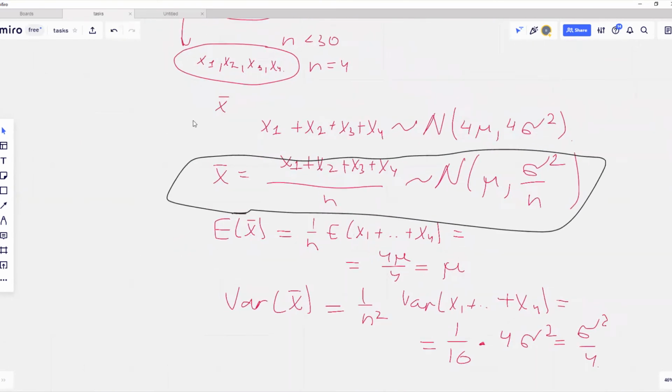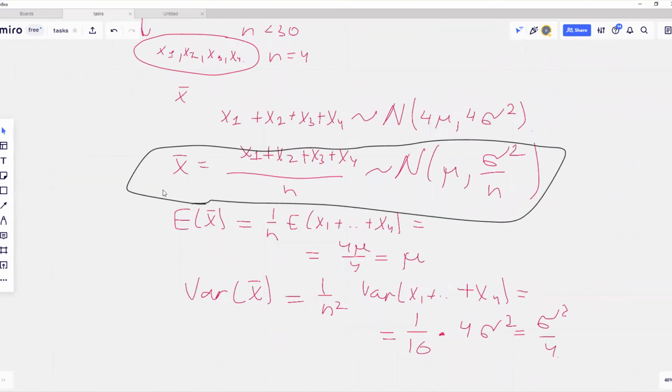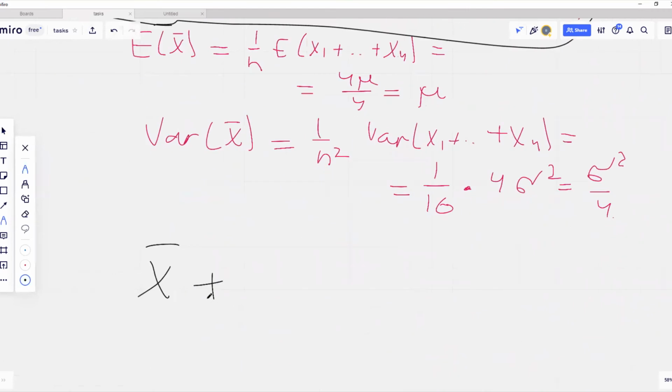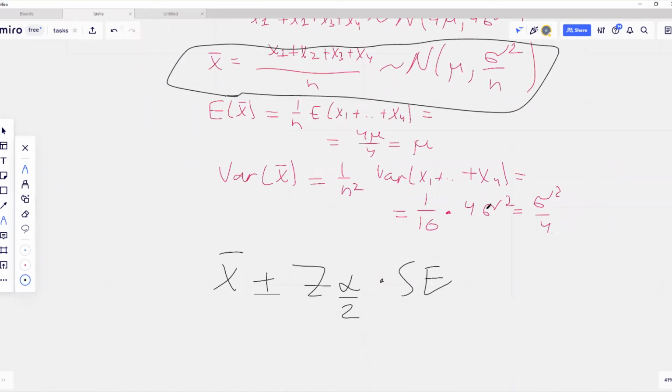In this case, again, we can use the standard normal distribution to build our confidence interval. So the confidence interval in that case will be X bar plus or minus the critical value, where z follows the standard normal distribution, multiplied by the standard error. The standard error is given as sigma over root of n.